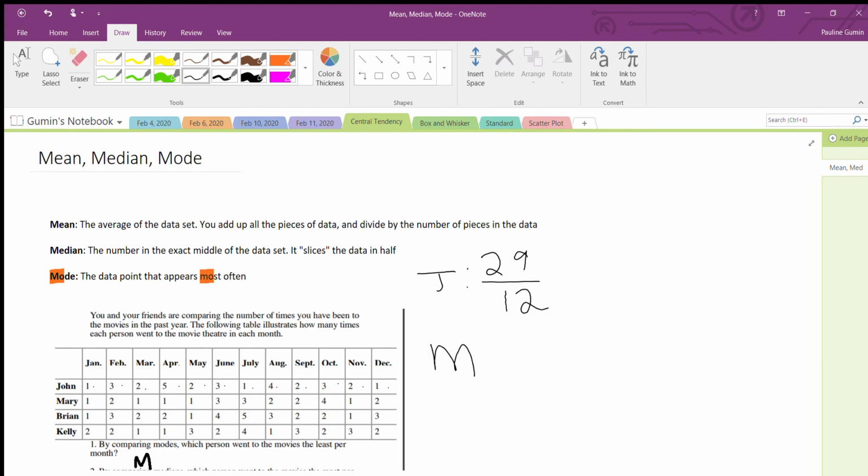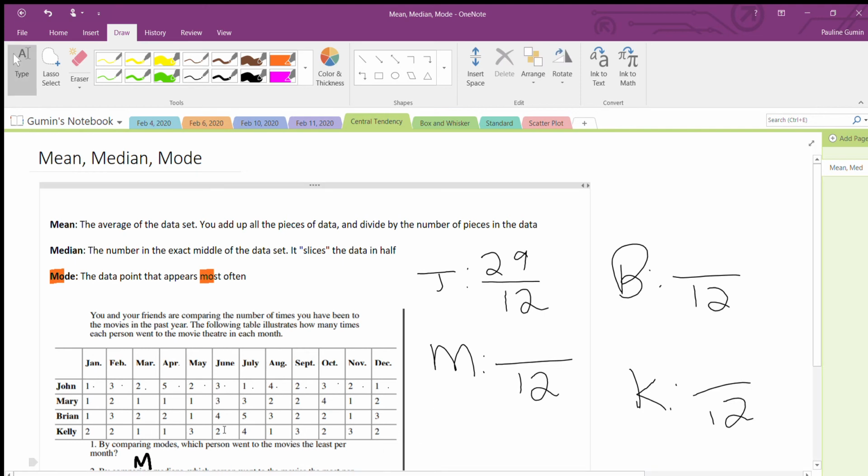Mary is also going to be over 12. I'm just going to prep these. Brian over 12 and Kelly over 12. All right, let's add. Mary. 1 plus 2 is 3, 4, 5, 6, 9, 12, 14, 16, 20, 21, 23.